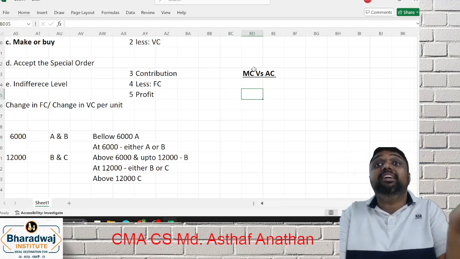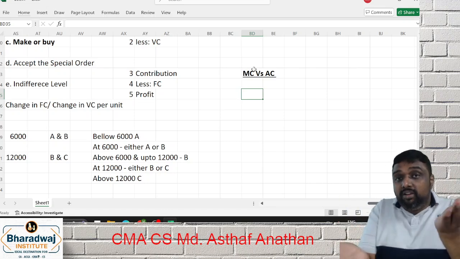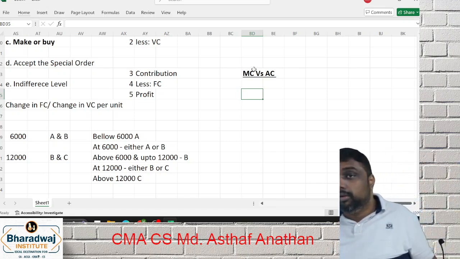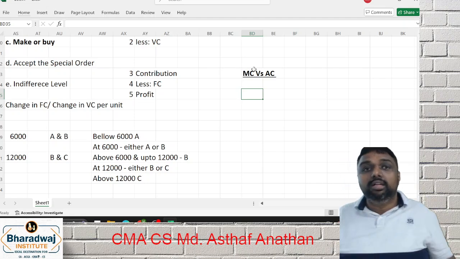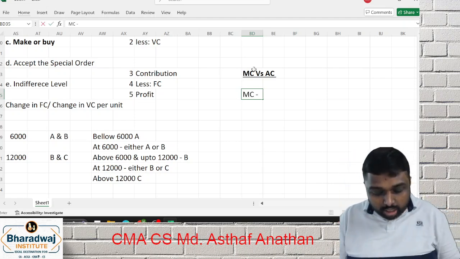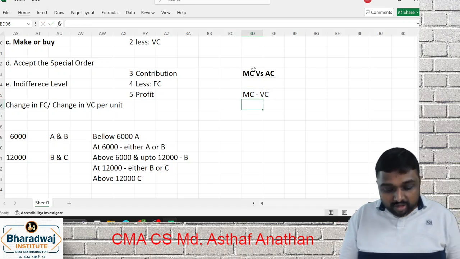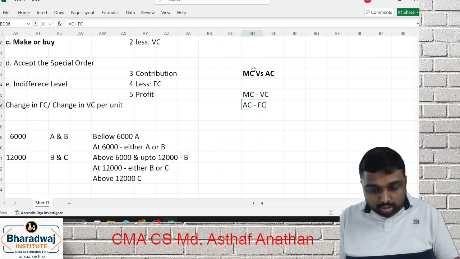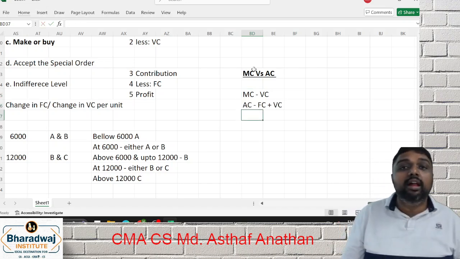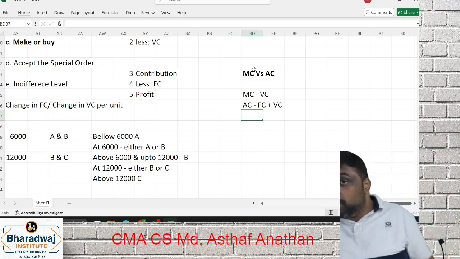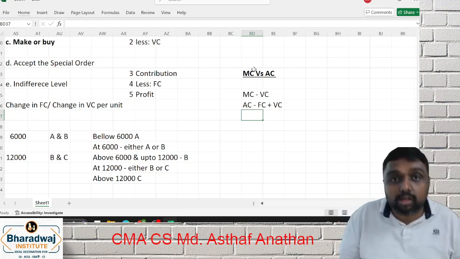We did a profit reconciliation statement for that. Profit will differ because of the change in closing stock value, the change in stock. Under marginal costing you consider only variable cost as part of your cost, whereas in absorption costing you consider both fixed cost and variable cost, and because of that your profit changes. So the reason for the difference in profit is because of what?